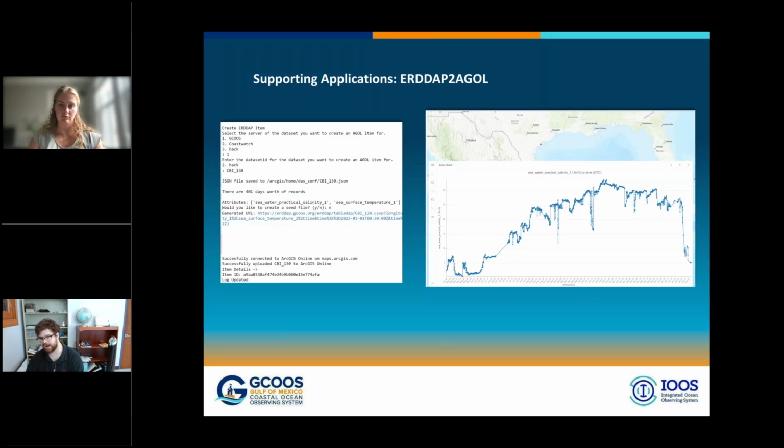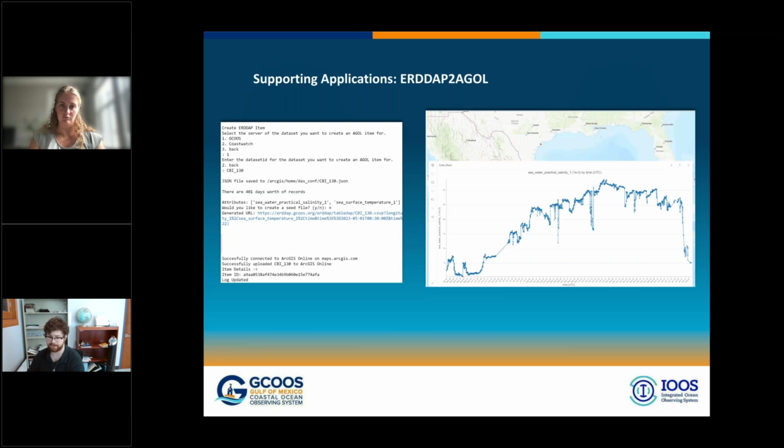So this is just an example of how easy it can be to add ERDDAP data to ArcGIS Online. It's really just a two-step process. This is a little bit of an older version of the program, but now you can actually access 53 different total ERDDAP servers and access that data on ArcGIS Online.